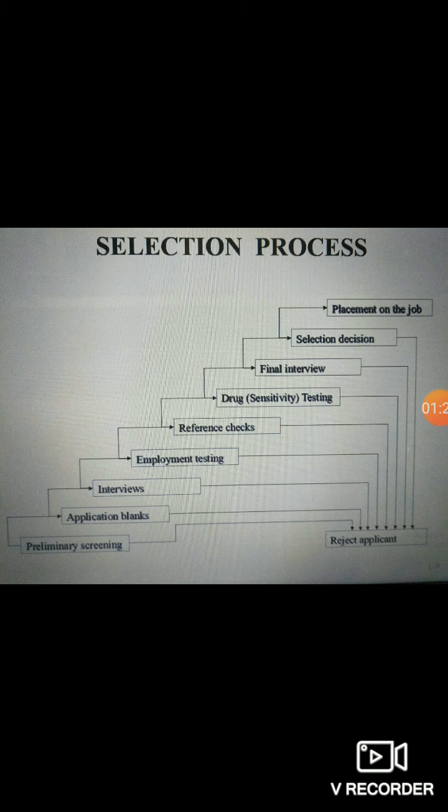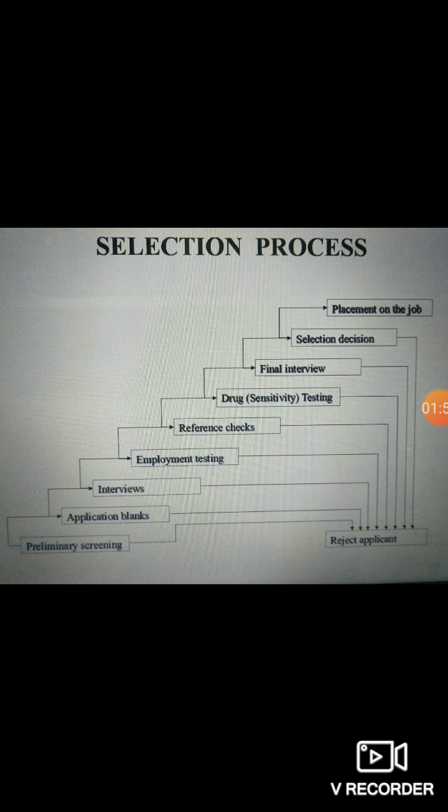Before giving a light on each step of the process, let me give you one tip on what is on the right hand side of the flowchart. There is a box for rejected applicant. This stage is always a parallel stage to any step, because at any point of time or any stage a candidate can get rejected.